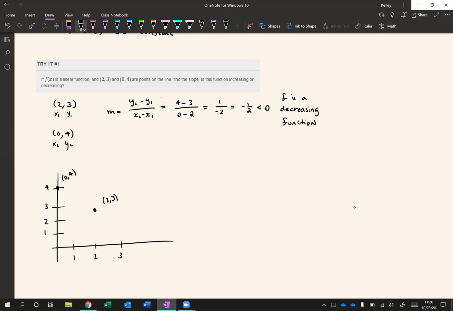And so I know that my linear function is just going to be the line through these 2 points. In order to do the slope, I just need to use rise over run. So my run, I'm going down 1.